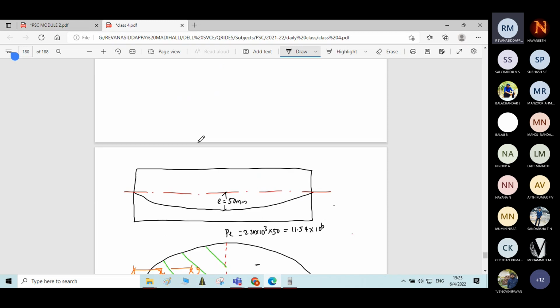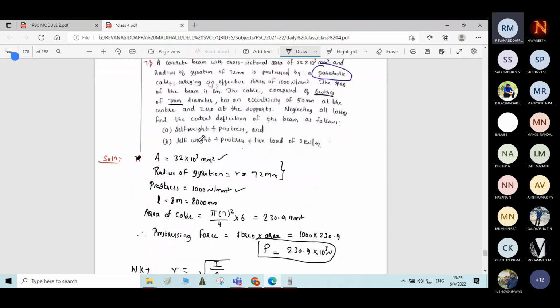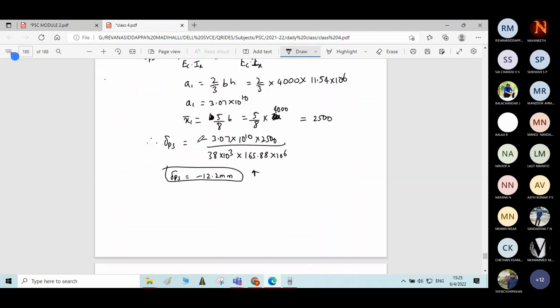Okay, then coming to the question, there are two questions to find the deflection due to self-weight and prestress.